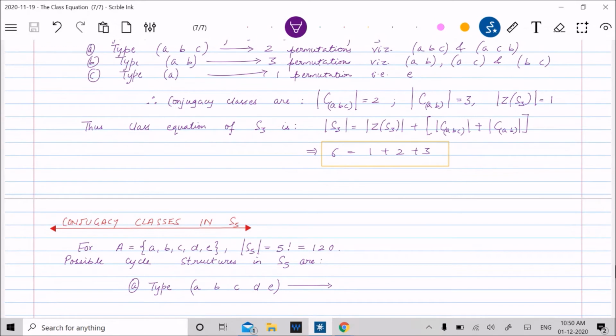So if you have 5 people sitting around a circular dining table, there will be a total of 5 minus 1 factorial, that is 4 factorial permutations.